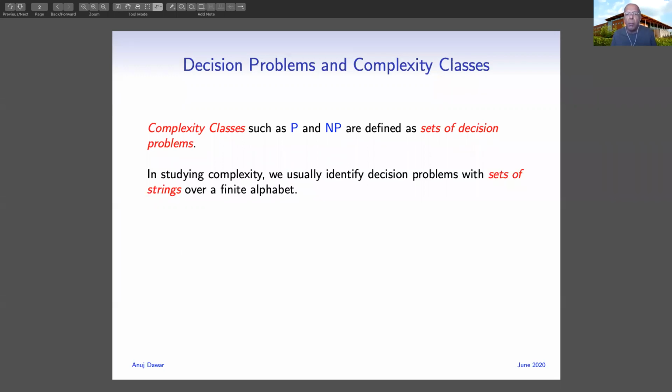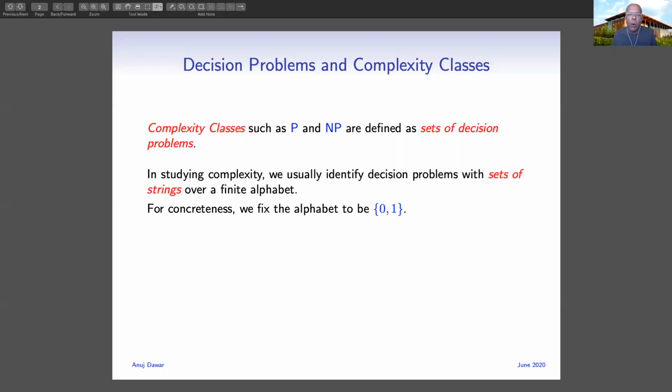And to make this mathematically precise, we identify a decision problem with a set of strings over a finite alphabet. So we have some finite alphabet and a collection of strings. And it's the membership problem, deciding whether a string is in the set or not, that we look at as a decision problem whose complexity we're analyzing.